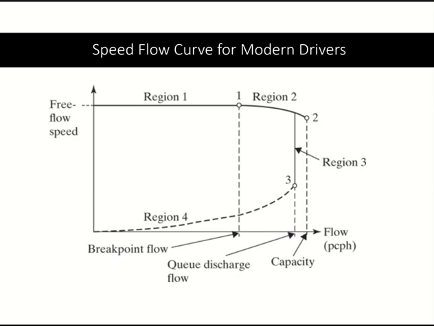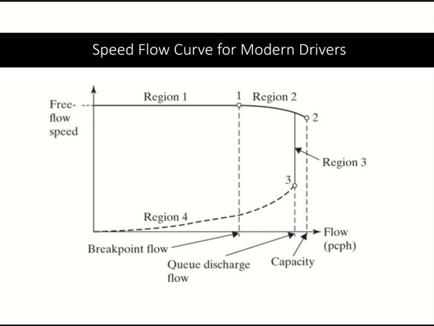You can see region 1. In region 1, the flow is increasing or not? Increasing, right? X-axis increasing. Is the speed decreasing? No. This is because of the aggressive nature of you guys, modern drivers.